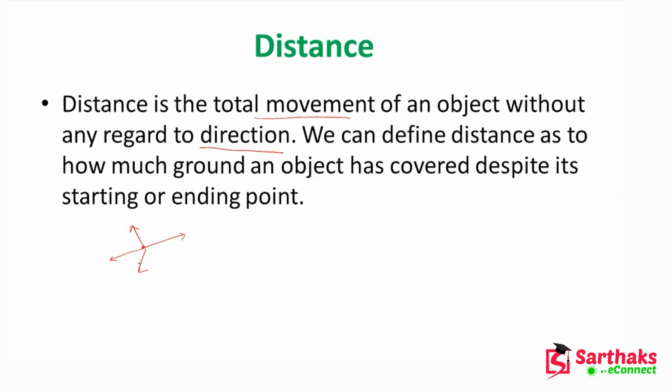I am not saying that you have to move particularly through this direction. Yes, 4 meter distance you have covered, or 2 meter distance you have covered, whatever. That means it is the movement of an object without any regard to direction.